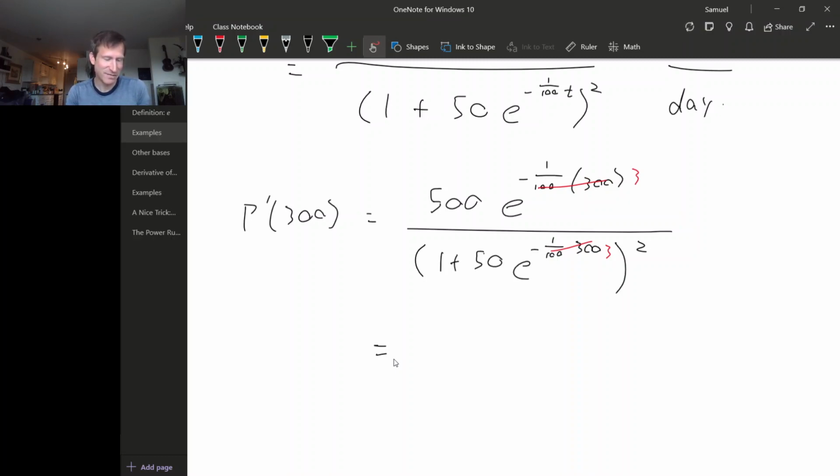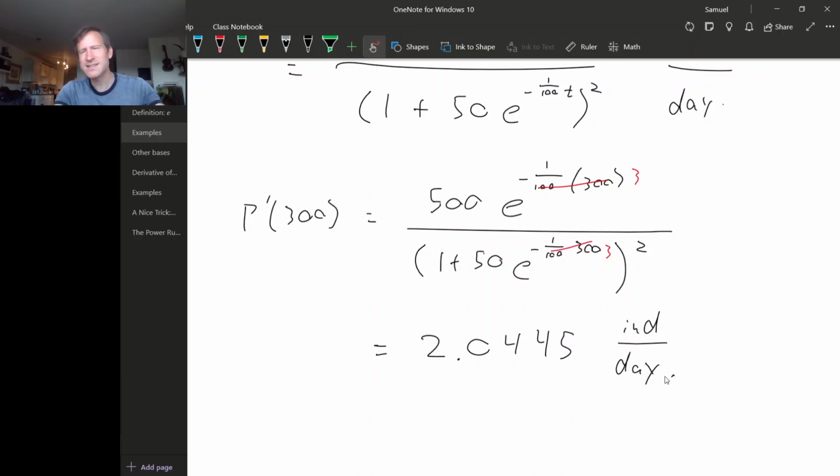All right, so 500 times e to the negative 3 divided by 1 plus 50 times e to the negative 3, and then square the denominator, and I get 2.0445. And this is individuals per day.